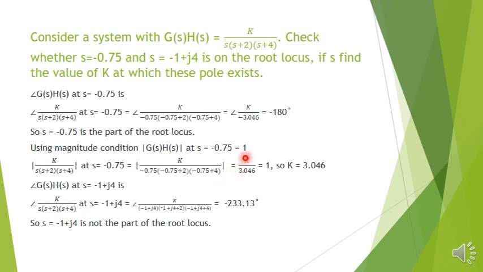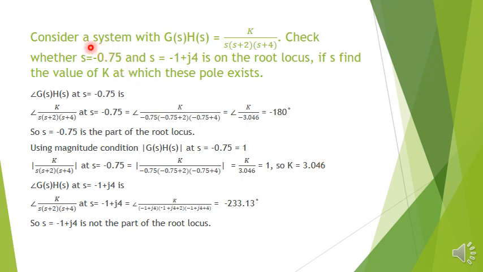So it is k by 3.046, so this minus goes off. Magnitude means always a positive value. So k by 3.046 equal to 1. So k equal to 3.046.